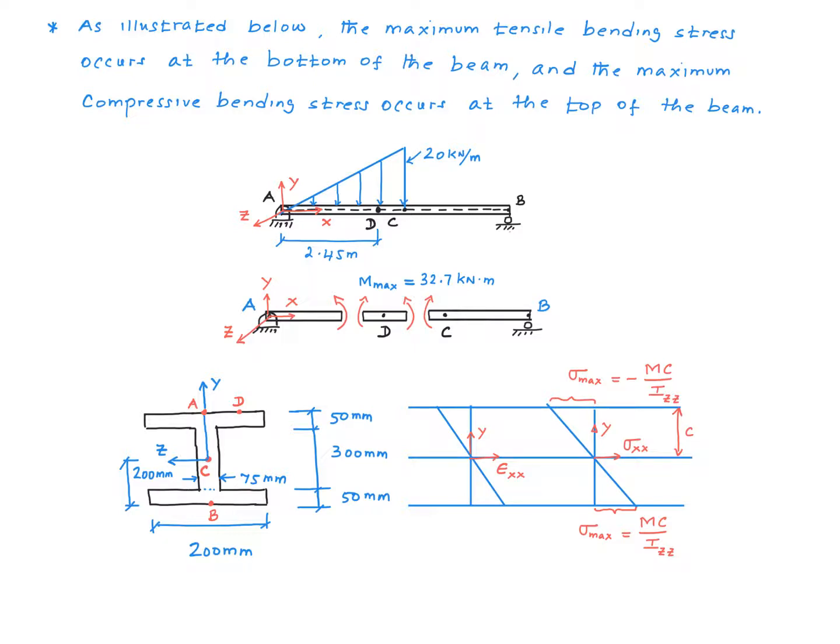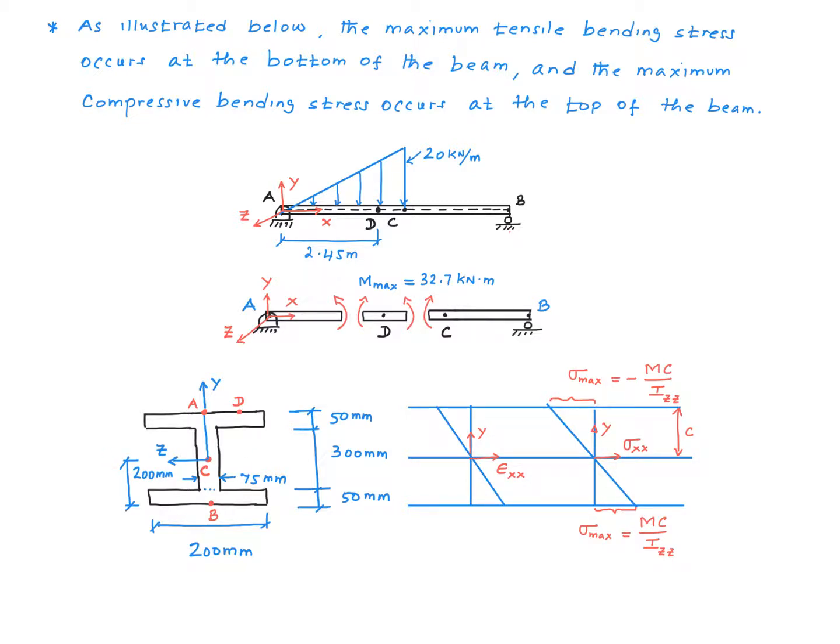So if I were to take a small segment of the beam at point D, where the maximum occurs, and draw the direction for the bending moment, this is the correct direction. On this basis, you can see that the bending stress is compressive above the neutral axis and tensile below the neutral axis. In other words, in this part right here, we have tensile stresses, and this part right there, we have compressive stresses. And of course, the neutral axis is the axis that passes through the centroid. So here the z-axis is the neutral axis.